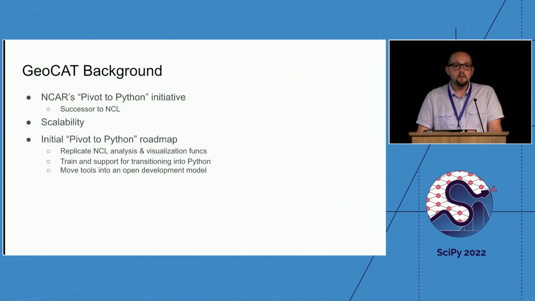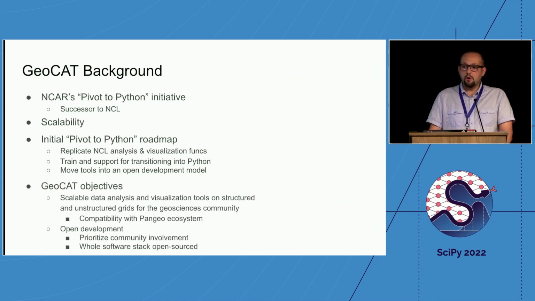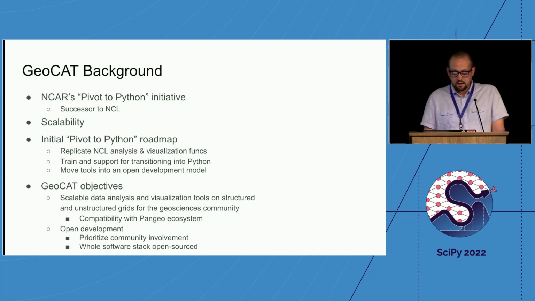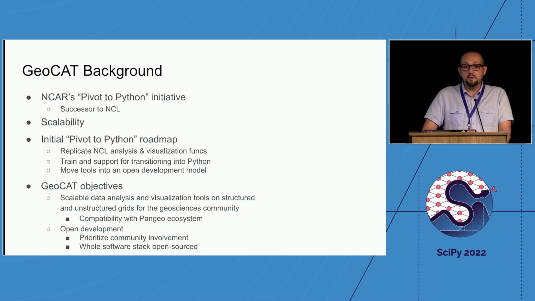That said, we, as the GeoCAT team, focused on very similar objectives: to develop scalable data analysis and visualization tools on not only structured but also unstructured or irregular meshes, and we will talk about them later in detail. That scalability purpose, at least, drove us to be compatible with the Pangeo stack, which I will also detail in the coming slides.